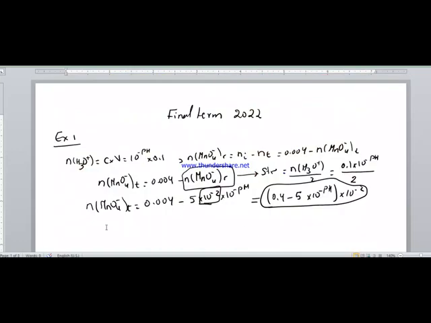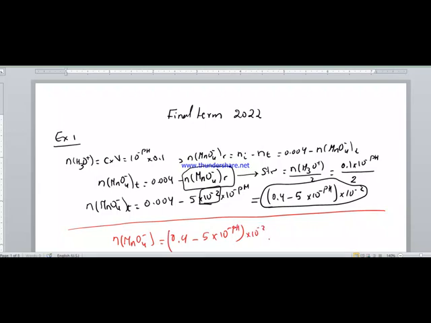A note in this exercise: when we calculate the number of mole of permanganate ion to complete the table, using the above relation 0.4 minus 5 times 10 to power minus pH times 10 to power minus 2, if we substitute any value of pH on the calculator, we obtain the number of mole as a power of 10 to power minus 3.